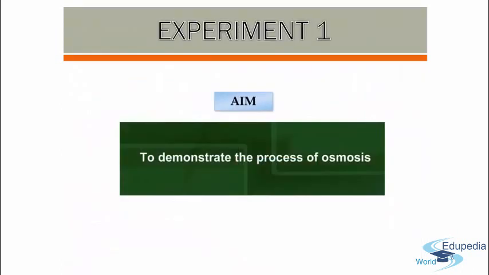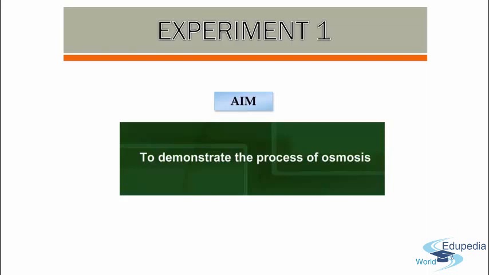Now, for better understanding of osmosis, I will be demonstrating three experiments. Two of these experiments I will discuss in this video lecture itself, and one of the experiments I will explain in another video lecture. So experiment 1 is a demonstration of the process of osmosis.